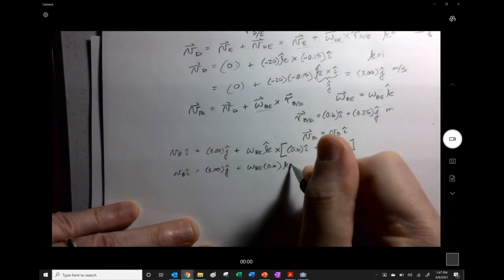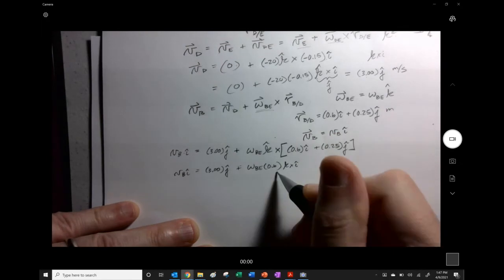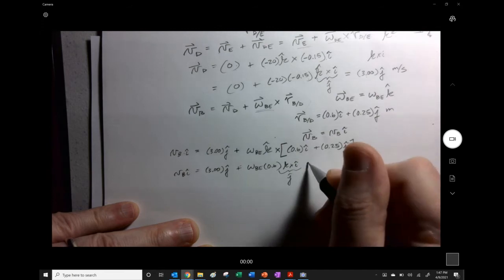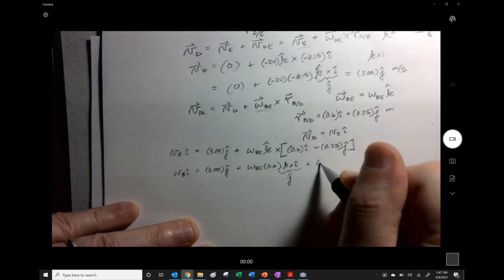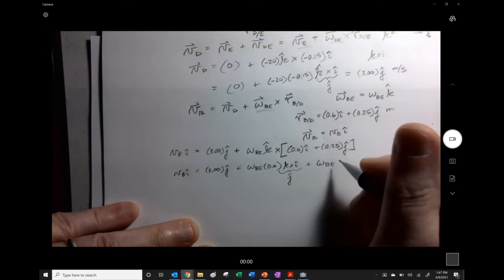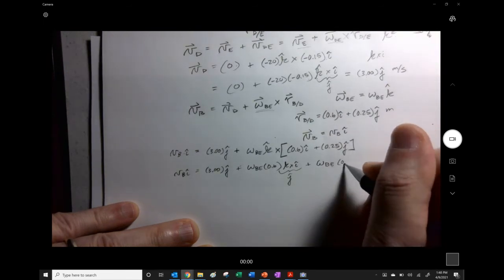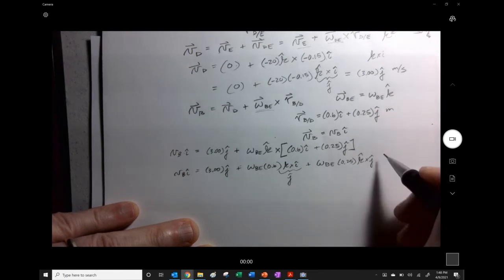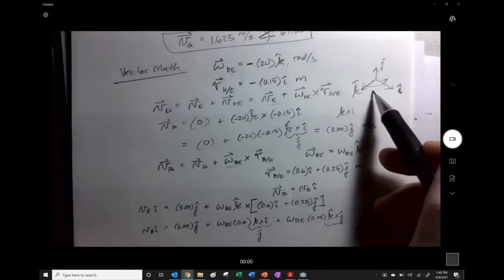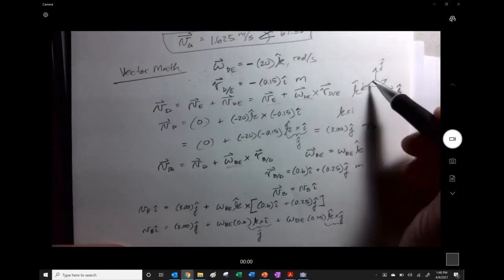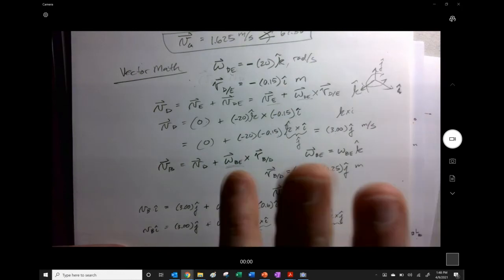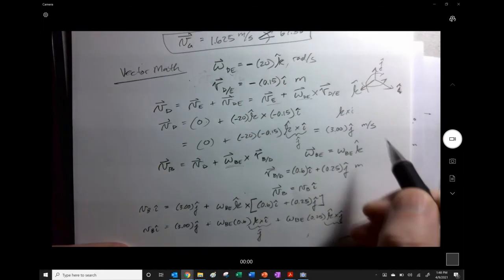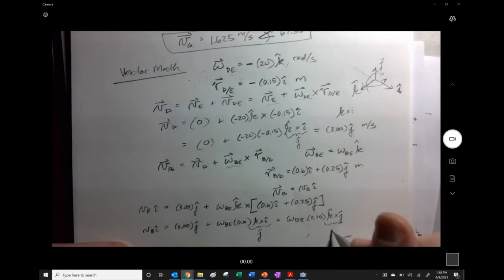This is going to be K crossed with I. We just found out a minute ago that was J. Then plus omega BE times 0.25 and K crossed with J. If we come back up to this little diagram, crossing K with J is like coming that direction, like coming this way with my fingers, and I note that my thumb is pointing in the negative I. So this is negative I.